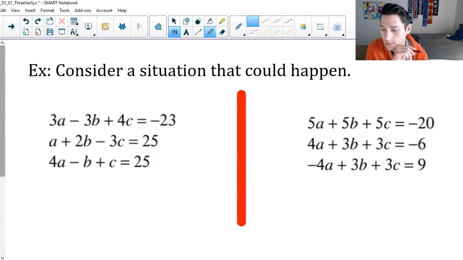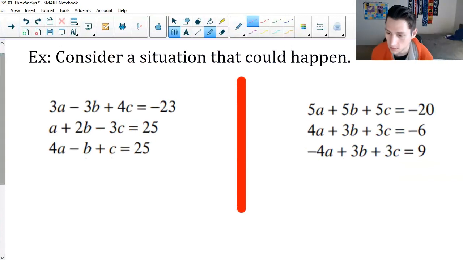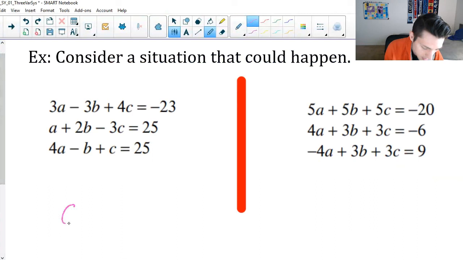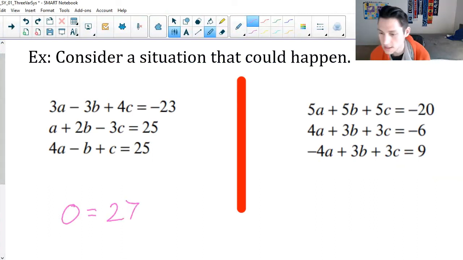But I'm not going to work through all these hugely. Just something that could happen is in the midst of your solving, when you're doing your equations, it's hard to say at what step it'll happen, but after you're adding these equations together, you could get something like 0 equals 27.